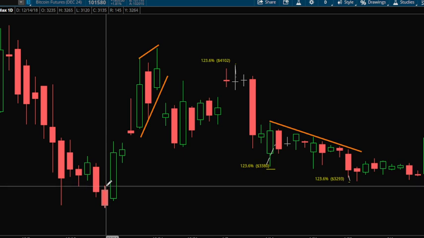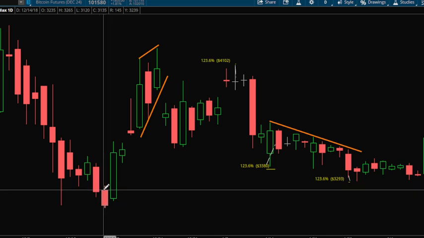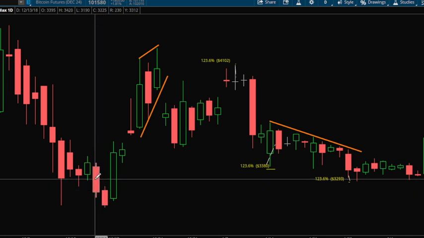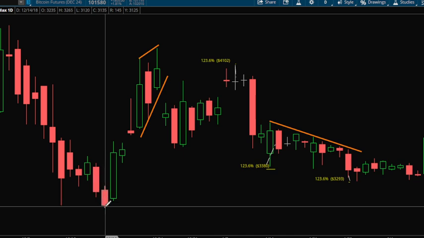We count the top of this wick, because this is all we have to deal with on the daily time frame. We're going to assume that from December 13th, the price continued all the way down to, this is the futures chart by the way, so on this chart it says 31.25.